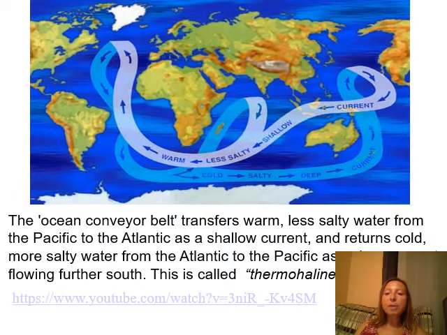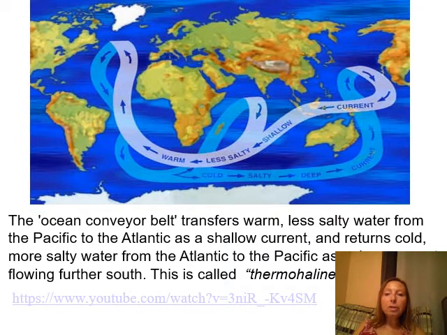So one of these amplifications or positive feedbacks is happening as a result of thermohaline circulation. Thermohaline circulation is the circulation driven by temperature and salinity. In fact, this is the ocean conveyor belt. It's a system of all ocean currents that is caused by two major gradients, the gradient of temperature and the gradient of salinity.